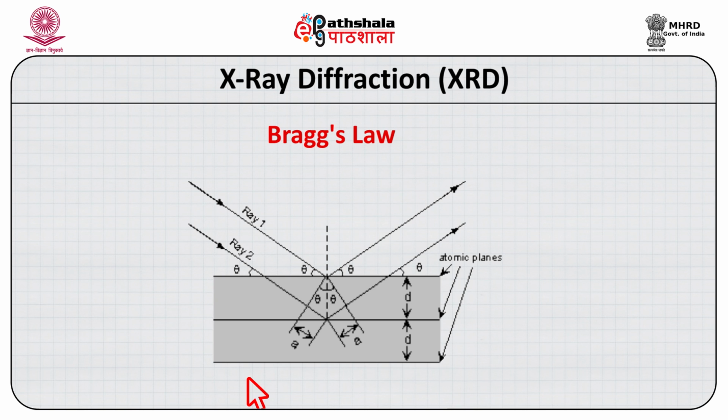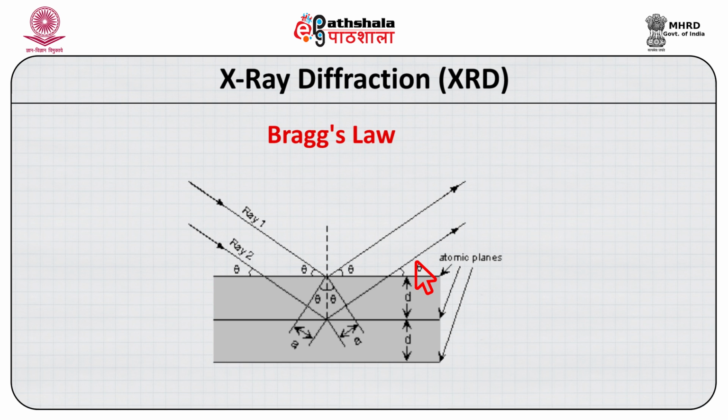In this case, we see ray 1 and ray 2 interacting with a crystalline material with a regular spacing. The difference between atomic plane distance is mentioned as d here. Now, ray 1 is diffracted by a particular angle and it moves here, and ray 2 is similarly diffracted.